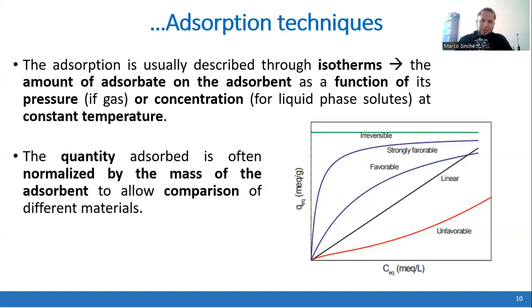In any case, the quantity of the adsorbed fluid on the surface of the adsorbent is normalized by the mass of the adsorbent, so it can be compared to other materials in order to determine the capacity of this adsorbent material associated with a specific adsorbate.